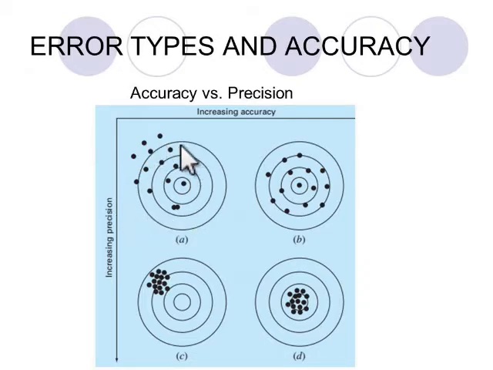So the point is this: as the area that the points cover, or the envelope of the points, is away from the objective point, you have less accuracy, and moreover, as the points cover a larger area, you have a larger scatter, so you have less precision.